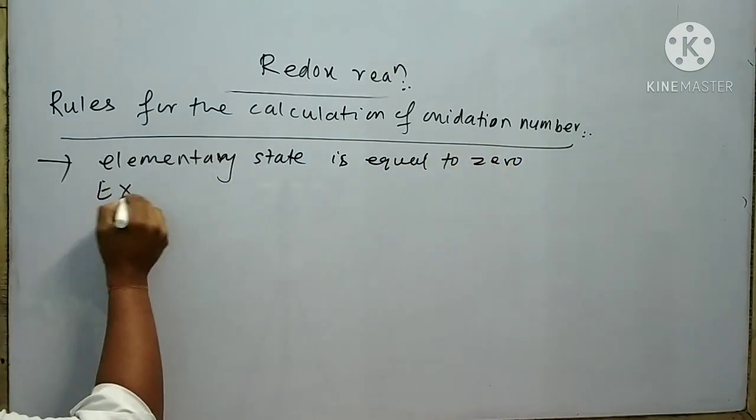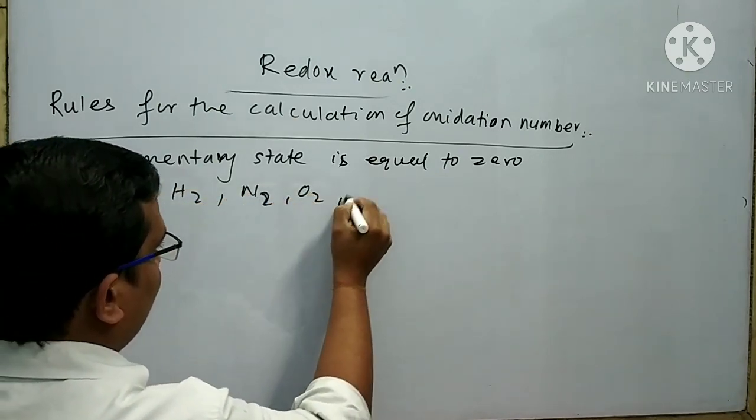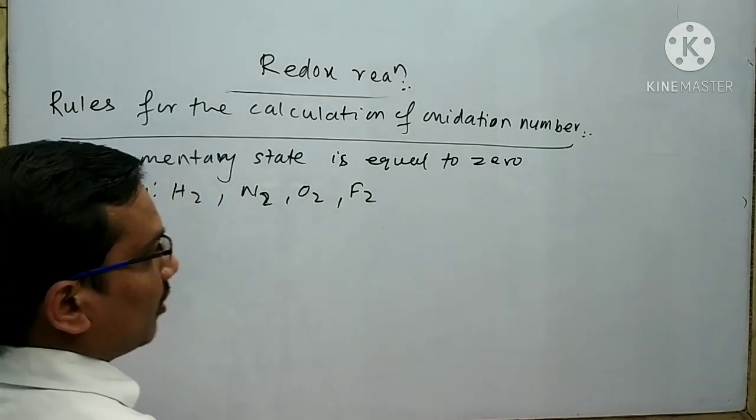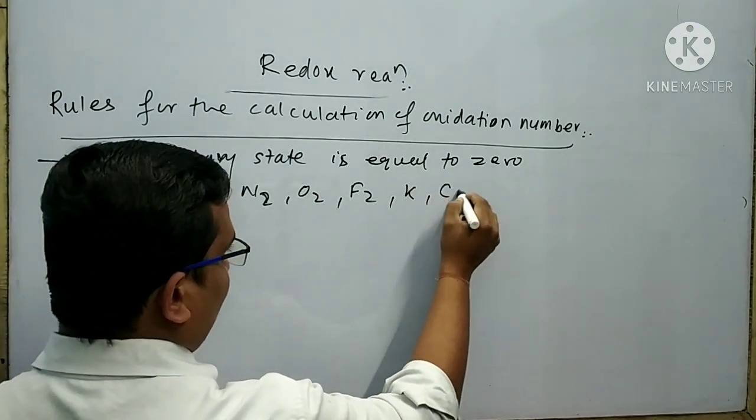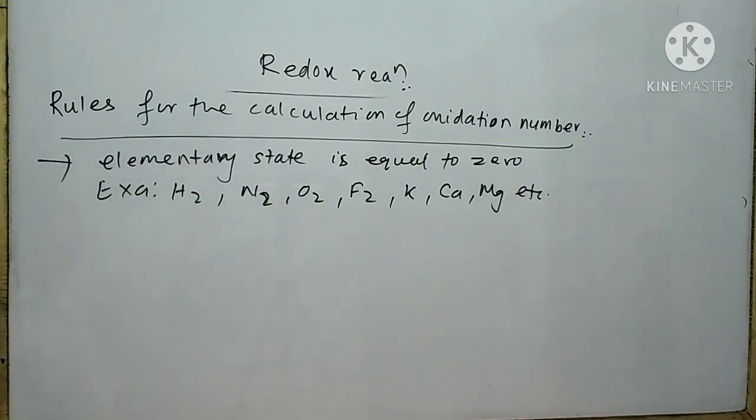Take examples H2, N2, O2, F2, potassium, calcium, magnesium, etc., having zero oxidation state in the elementary state.